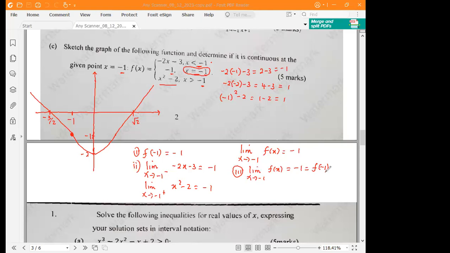What does it mean? It means that f is continuous. That's pretty good here. Not a big deal as such.